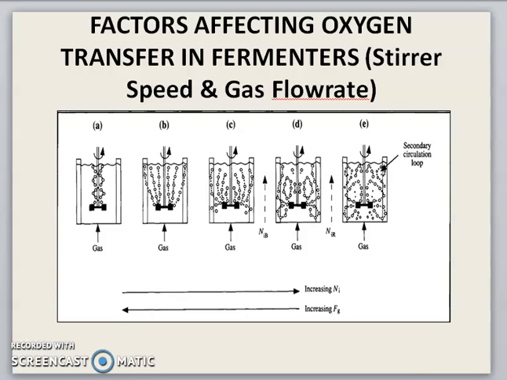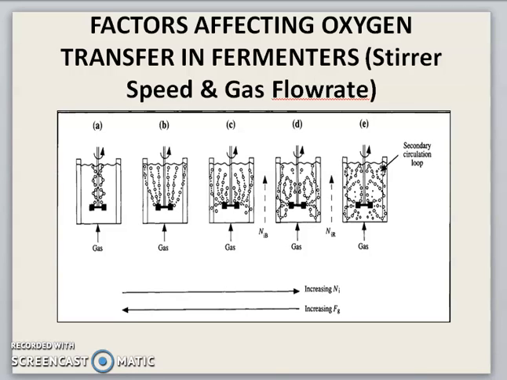This figure shows the flow pattern and how the bubbles disperse in the fermentation media with increasing stir speed and gas flow rate. As you can see, when the air is sparged, different gas flow patterns develop depending on the relative rates of gas input and stirring.